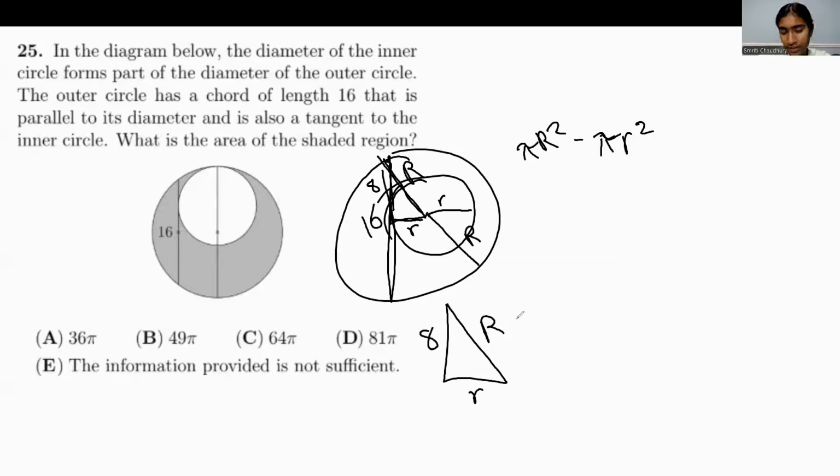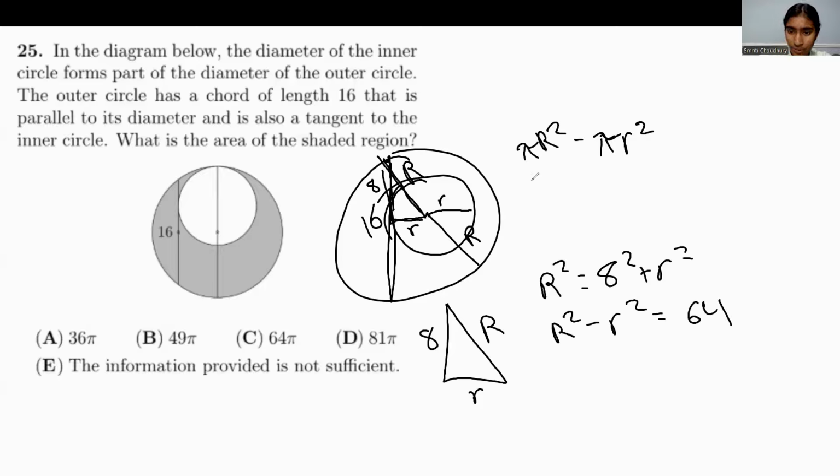Now, if we were to write this in Pythagorean theorem, we know that R squared equals 8 squared plus r squared, which we can rewrite as R squared minus r squared equals 8 squared, which is 64.